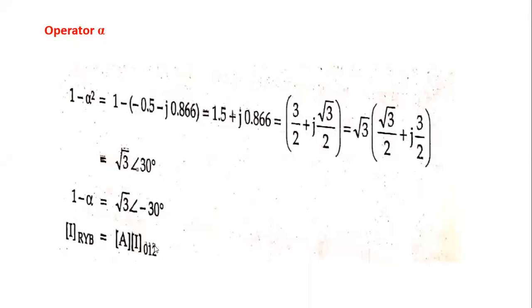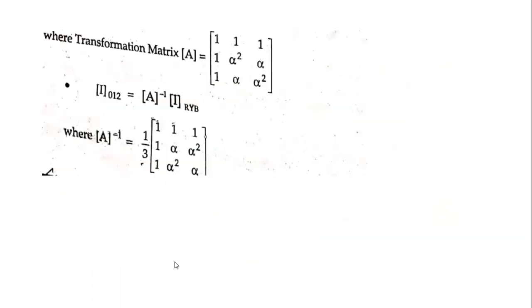Then we write down the matrix: I R Y B equals A into I 0, 1, 2. What is the matrix A? That is the transformation matrix. The transformation matrix A is 1, 1, 1; 1, alpha square, alpha; 1, alpha, alpha square.